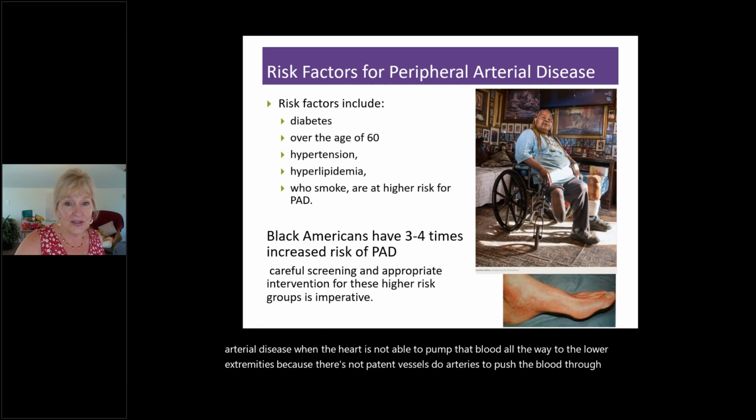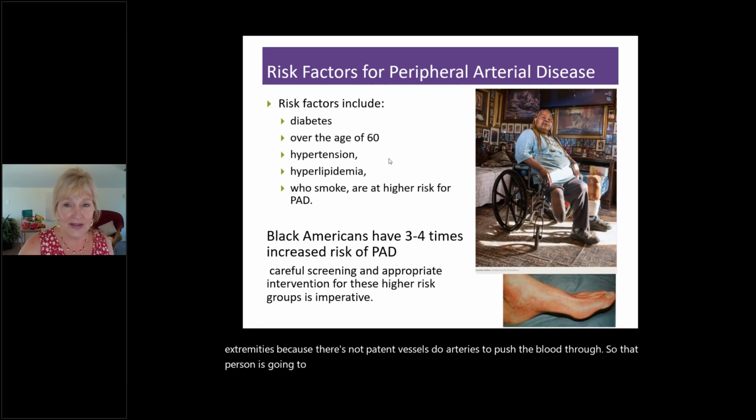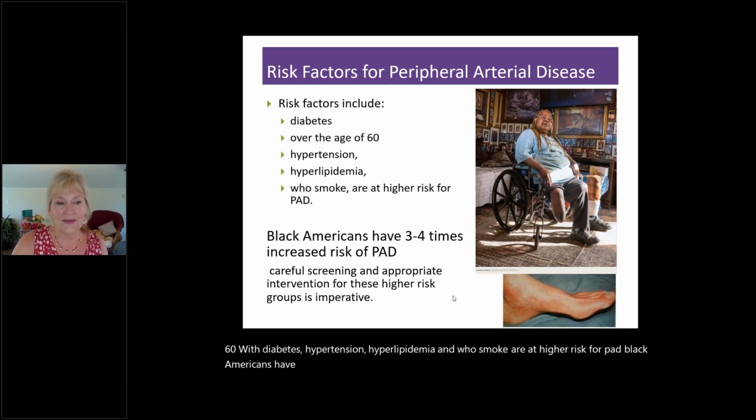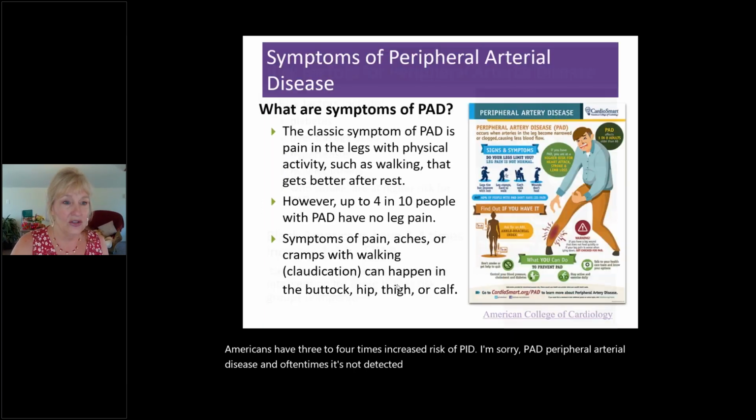So that person is going to have higher risk of ulcerations and amputations. People over the age of 60 with diabetes, hypertension, hyperlipidemia, and who smoke are at higher risk for PAD. Black Americans have 3 to 4 times increased risk of peripheral arterial disease, and oftentimes it's not detected and treated until it's too late.